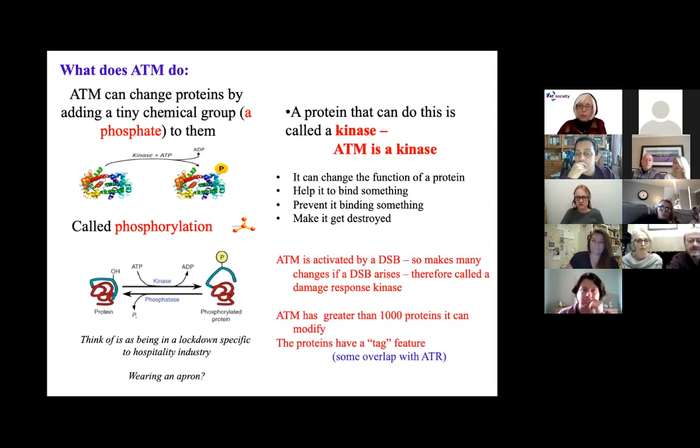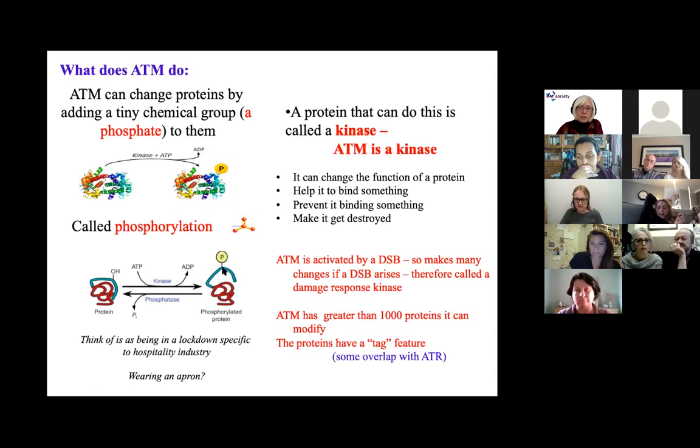So an important point is that ATM is activated by a double-strand break. It only makes these changes when a double-strand break is there, and for that reason it's called a damage response kinase. It can modify over 1,000 proteins. Any one cell won't have that many modified, but it's capable of doing that.